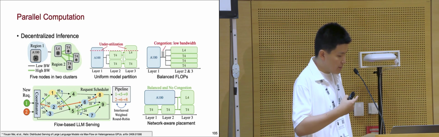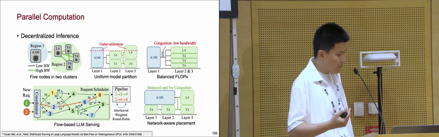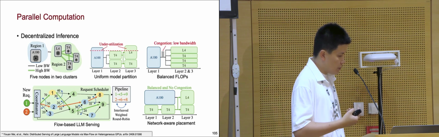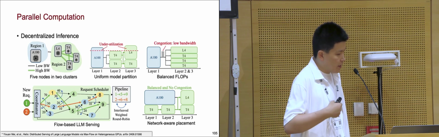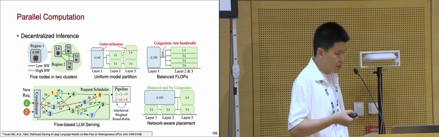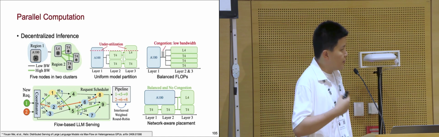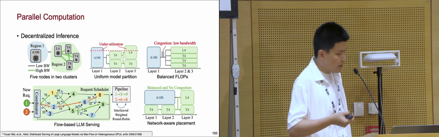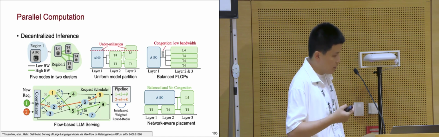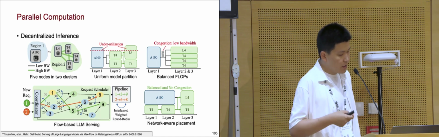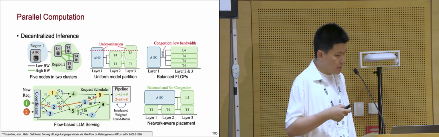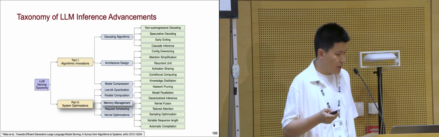But in practice, we have very heterogeneous GPU devices, and the network connection is not stable, and the connection bandwidth is also lower than company GPU clusters. So we need to consider these problems when we design our language model serving systems.